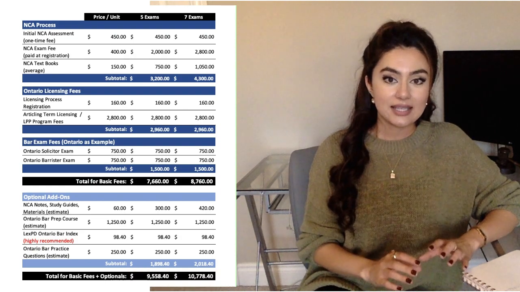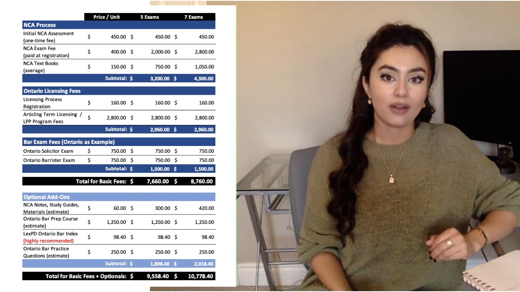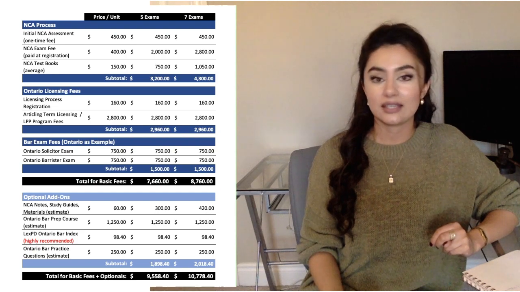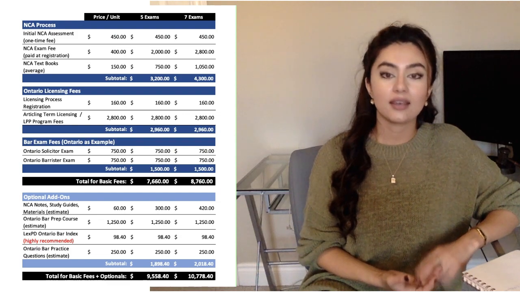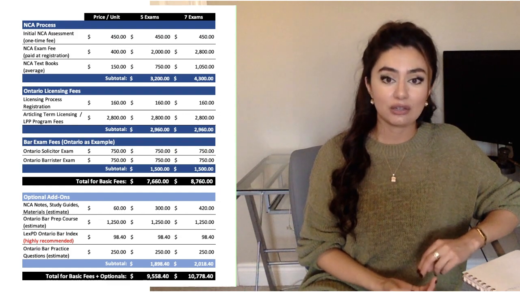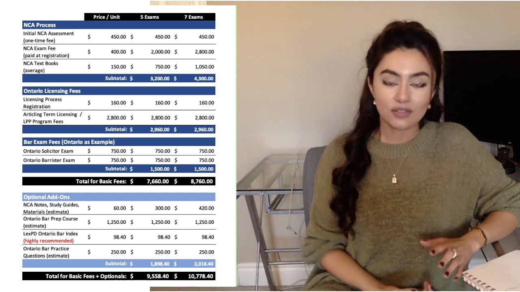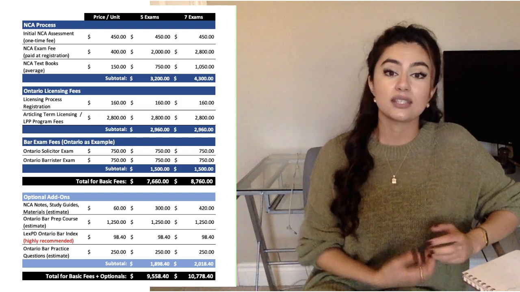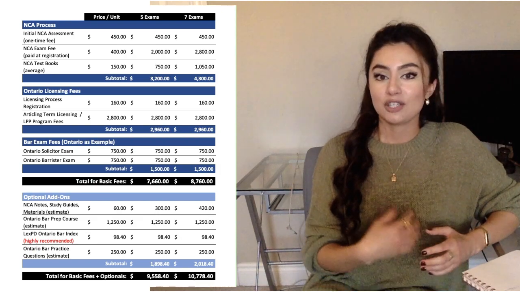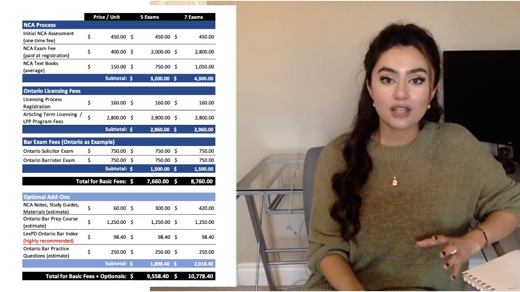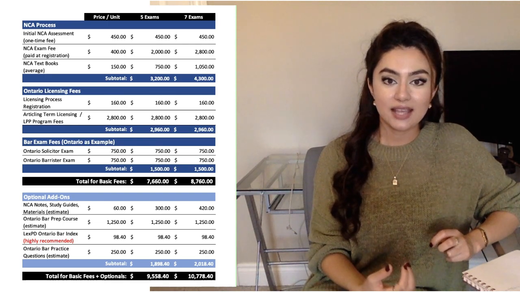This is just the basic total amount that you should budget for, and as mentioned before, there are other ancillary fees that you should also take into consideration, such as cancellation fees, and late registration fees for the lawyer licensing process, which is currently $75 with the Ontario lawyer licensing process. Cancellation fees for the NCA is $50. If you decide to defer your bar exam, there are other costs included in that. As mentioned earlier, there are different costs for textbooks, and that can vary.